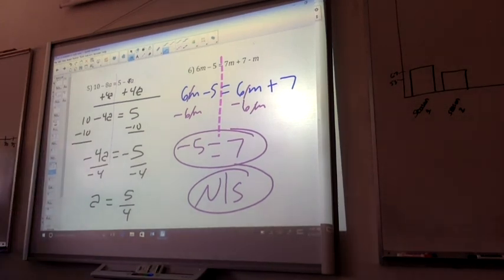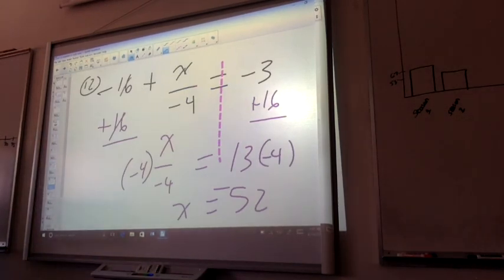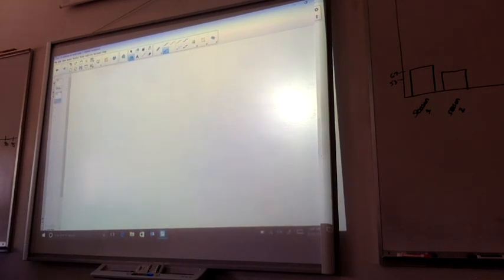So your assignment for tonight, there's a few things. Pages 3 and 4, the numbers at the bottom, numbers 1 through 21. I'm giving you a lot of time to work on this in class.